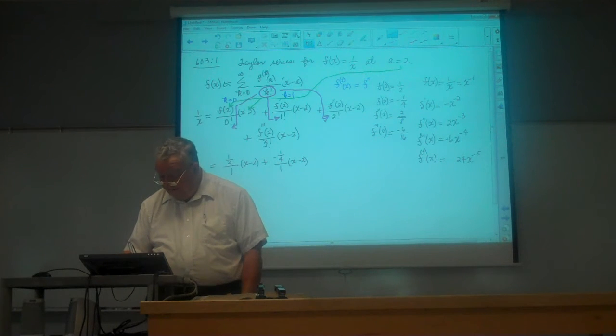F double prime is equal to plus 1/4 divided by 2 times x minus 2.